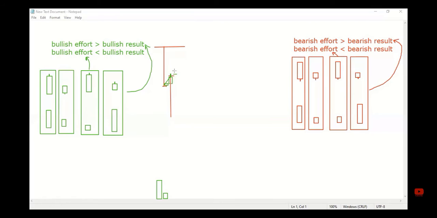For this condition, this type of candlestick, the market must create this situation exactly at the resistance level, then only we take it. Otherwise, if the resistance level is here, sometimes the market may create this type of situation. So there is a gap here to here, and the market may fill up this gap also.